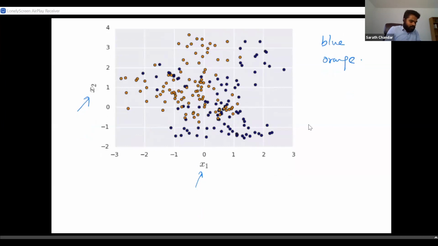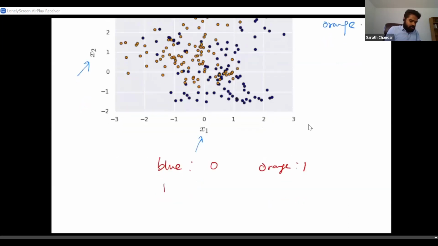So let's say blue could be class 0 and orange could be class 1. Or some people also use -1 for one class and +1 for another class. You could use any numbering scheme that you want. So let's go with 0 and 1.